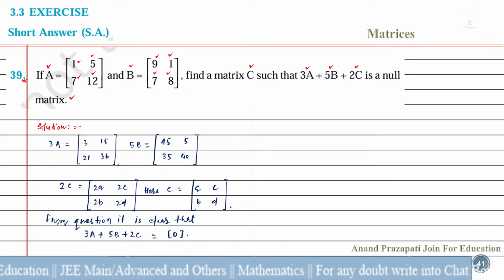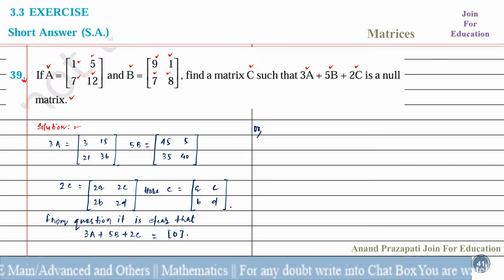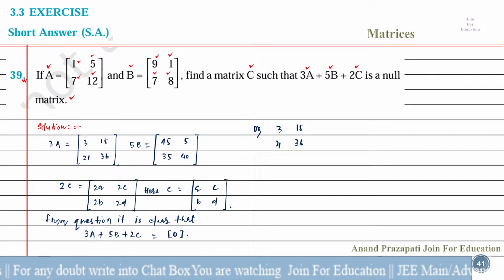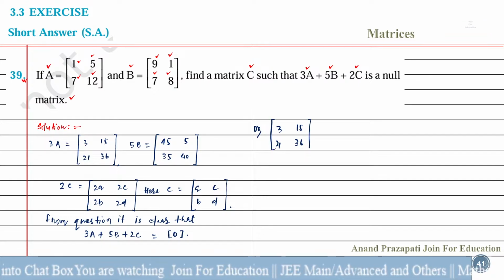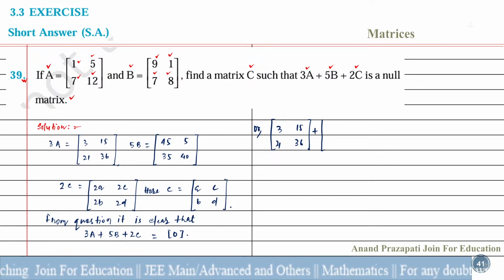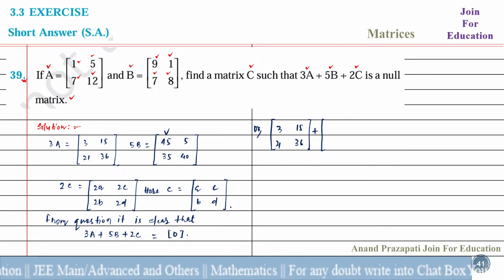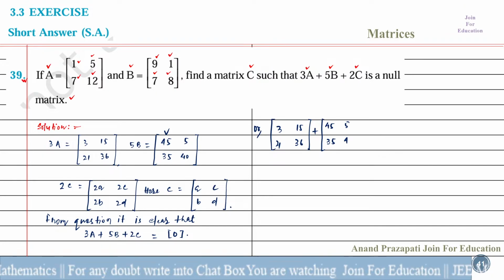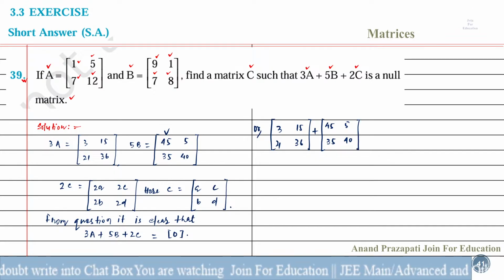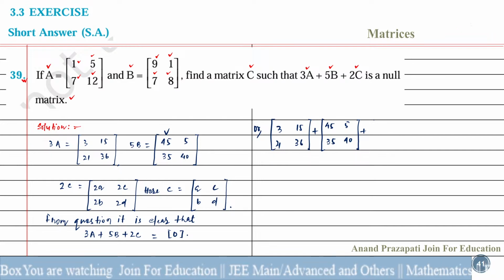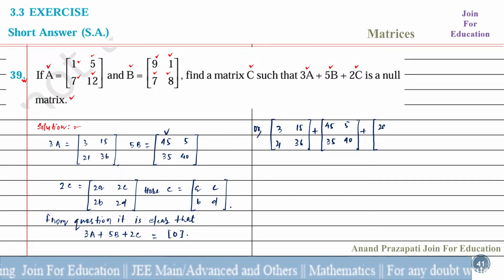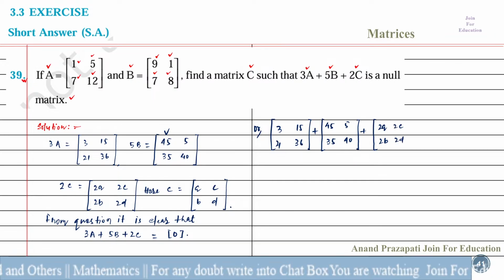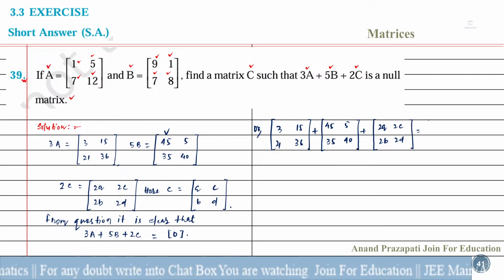So putting the values of these, we get here 3, 21, 15, 36 plus 5B equals 45, 35, 5, 40 plus 2C equals 2A, 2B, 2C, 2D equals the 0 matrix.